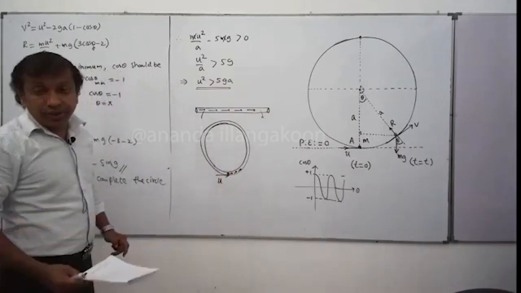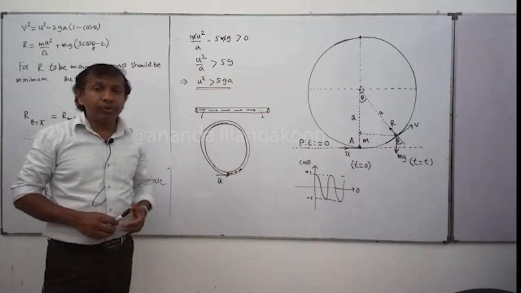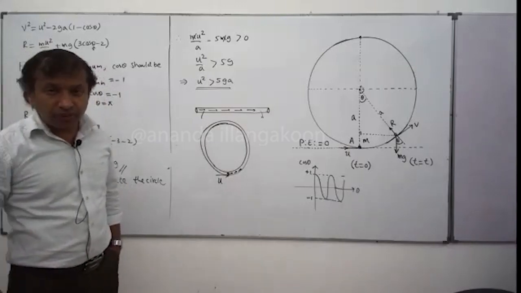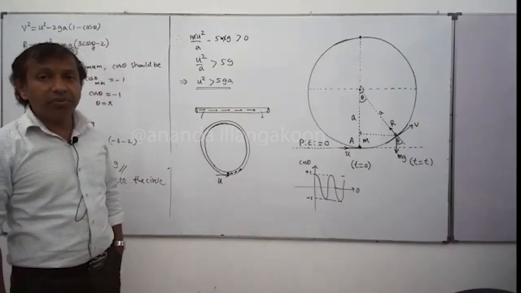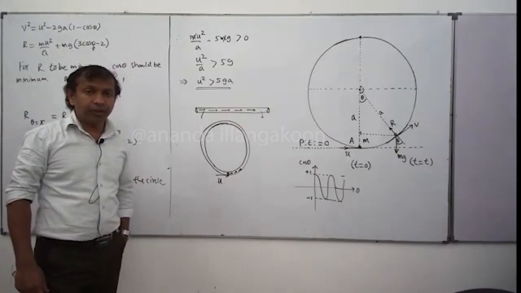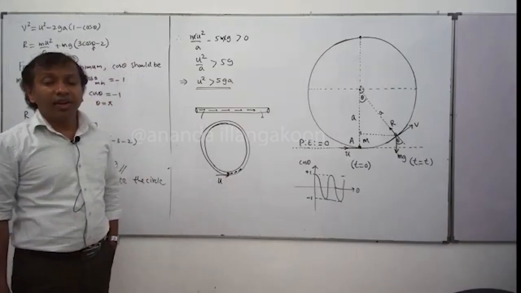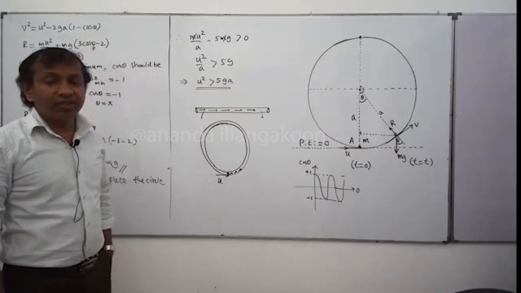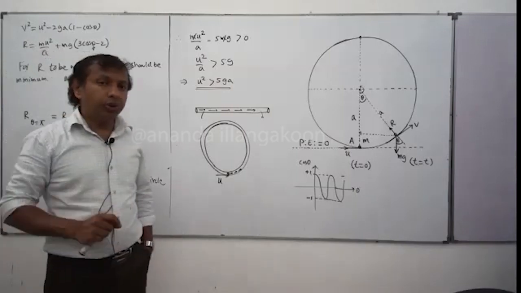In this case, the particle has no chance to come out from this tube. If the particle moves, it should definitely move in a circle because it can't come out of the tube. That means we can't discuss the condition or the projectile motion of the particle after leaving the surface, because the particle should move inside the tube.